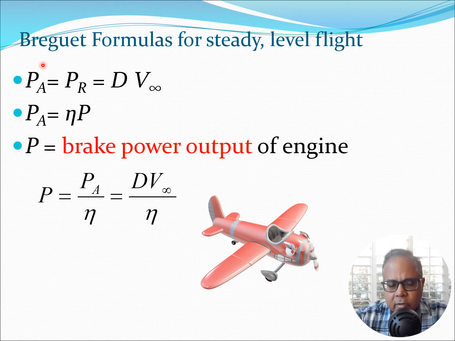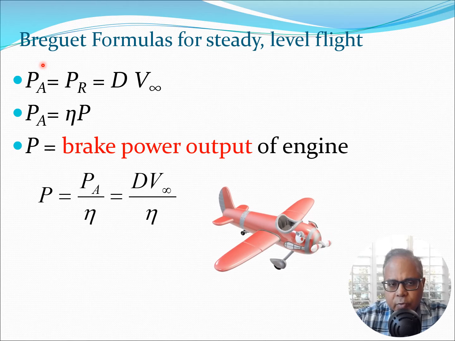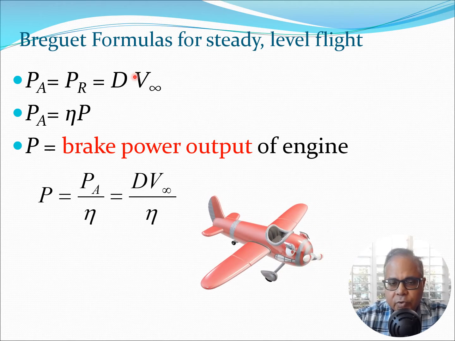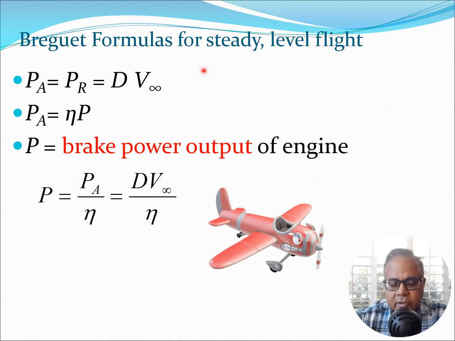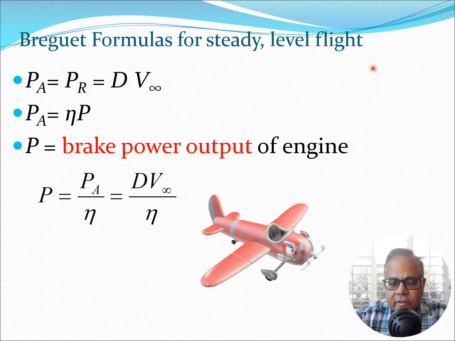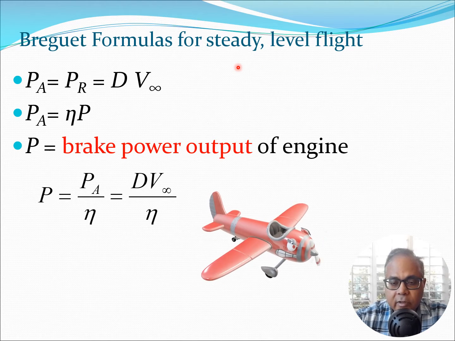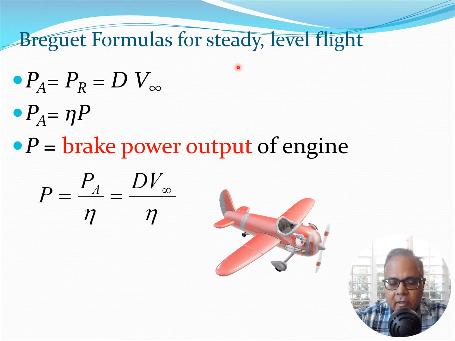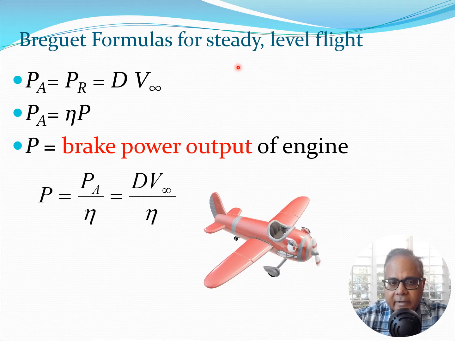So now these formulas are also known as the Breguet formulas for steady level flight. So it's important to remember that these equations are valid for steady level flight, which effectively means that your lift is balanced by the weight and your thrust is balanced by the drag.